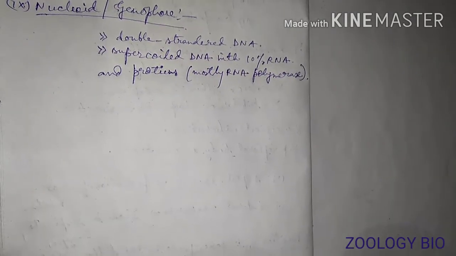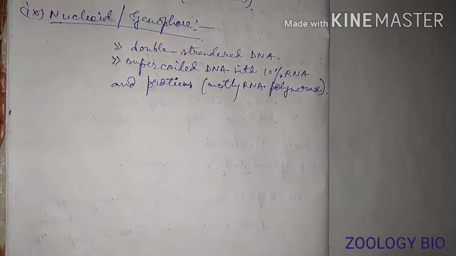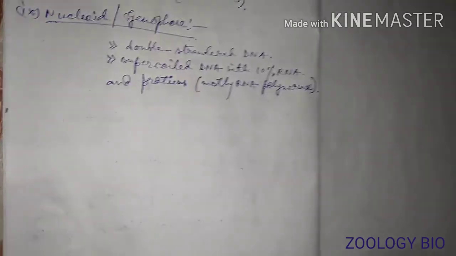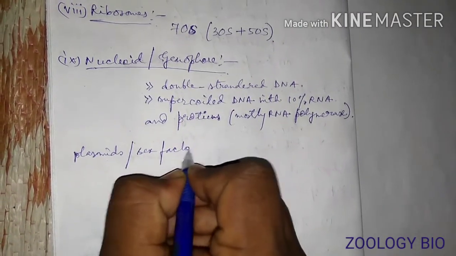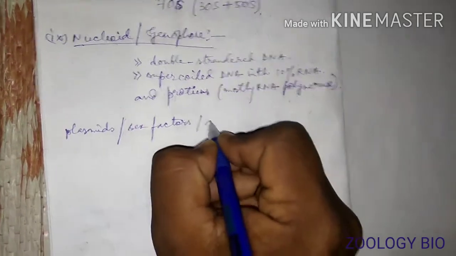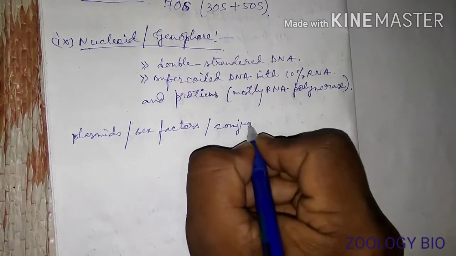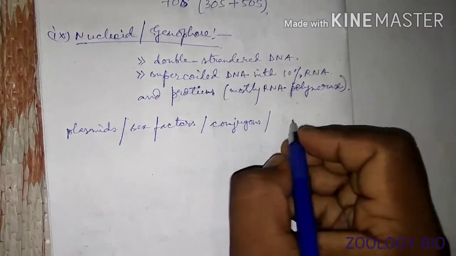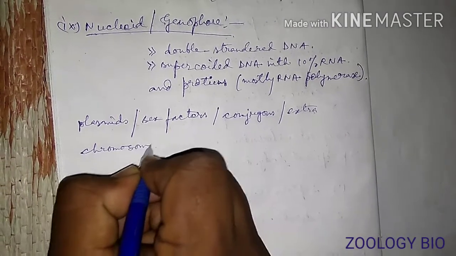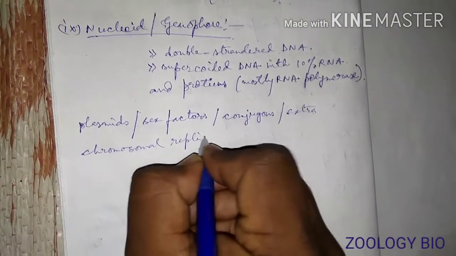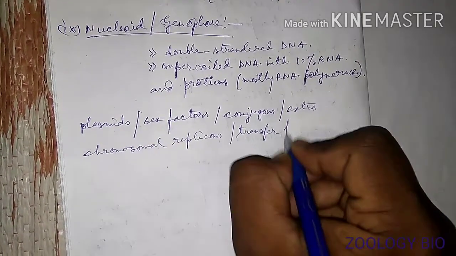There are several small circular extranuclear bodies containing DNA called plasmids, or sex factors, or conjugates, or extrachromosomal replicants, or transfer factors.